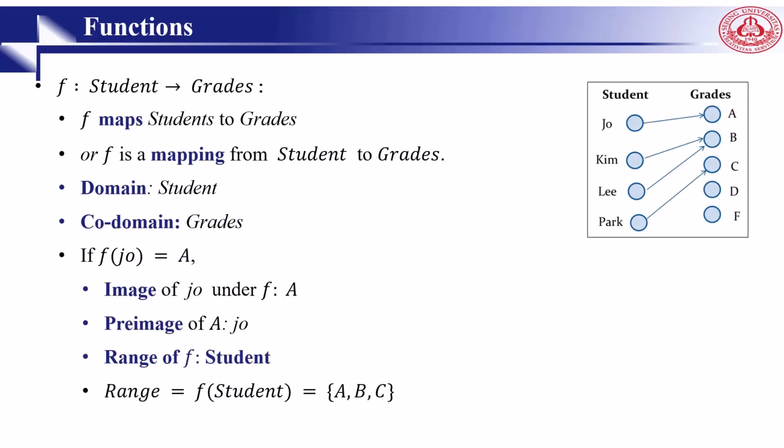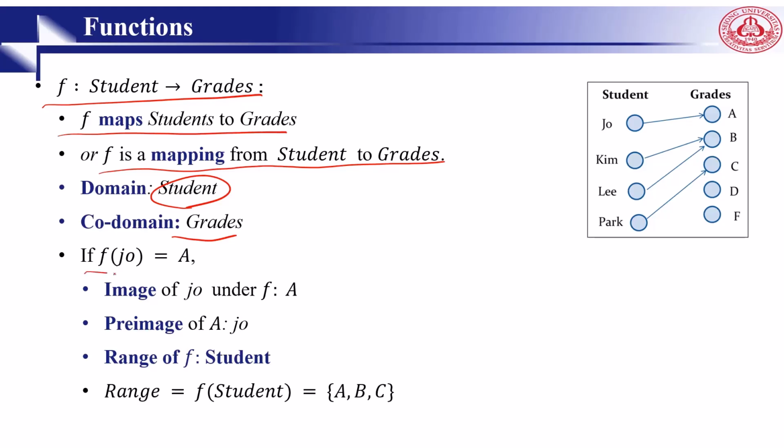Suppose we have a function f from students to grades, as we already explained. We say f maps a student to grades, or we can say f is a mapping from students to grades. In this case, the set of students is called the domain of function f, and the set of grades is called the codomain of f.